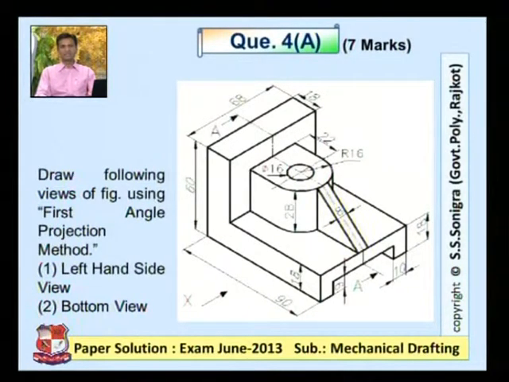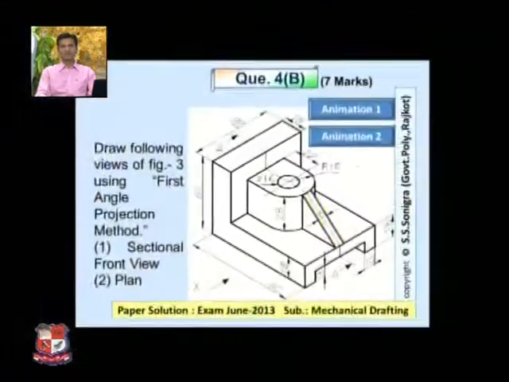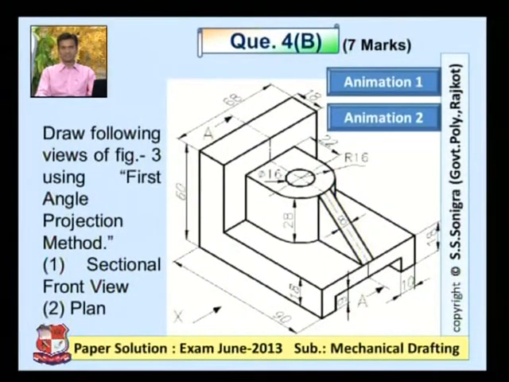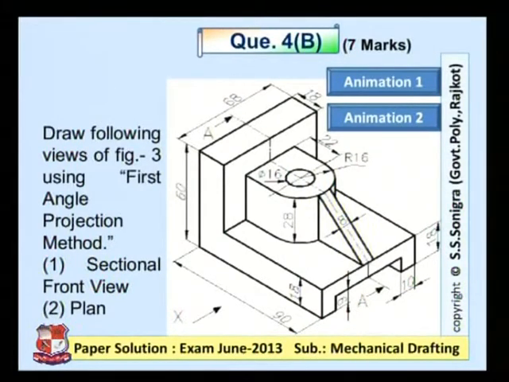But in the examination, you should not start directly drawing these 2 views, because in the same question paper, question 4b is asked like this. Draw the following views of figure number 3 using first angle projection method. For the same figure, another 2 views are also asked, sectional front view and plan.